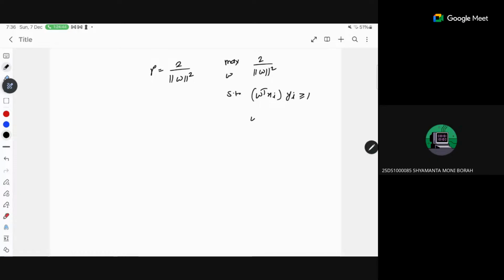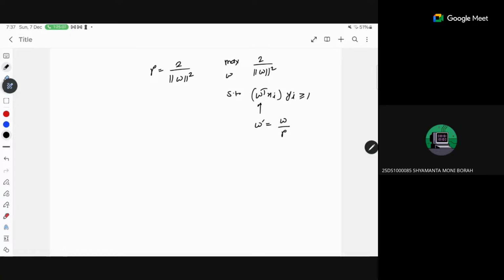And this W star I'm talking about is W by gamma. Let's say gamma also is fine.